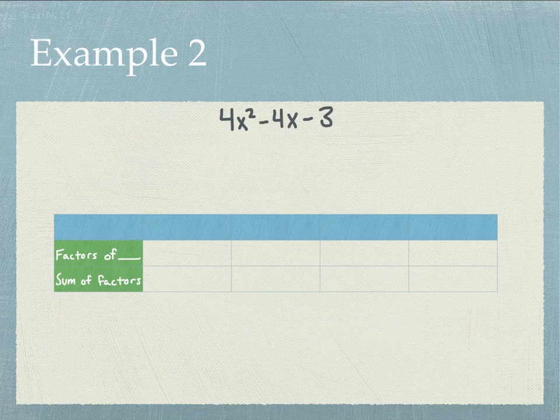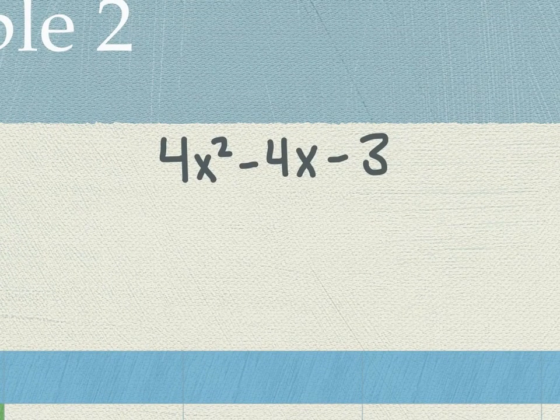All right, let's look at example 2. What's the first step? Multiply the first times the last. So what's 4 times negative 3? Negative 12. What are 2 factors of negative 12 that add to negative 4?